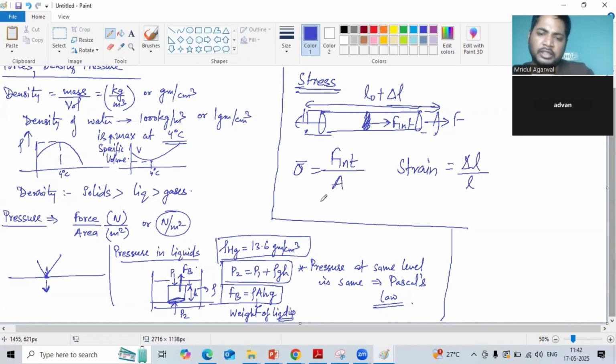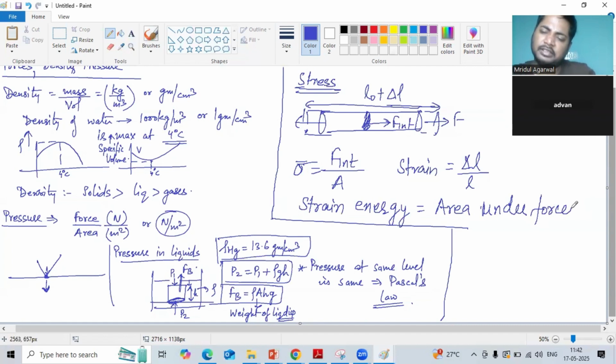And if you talk about the strain energy, then the strain energy is given by the area under the force versus extension curve.